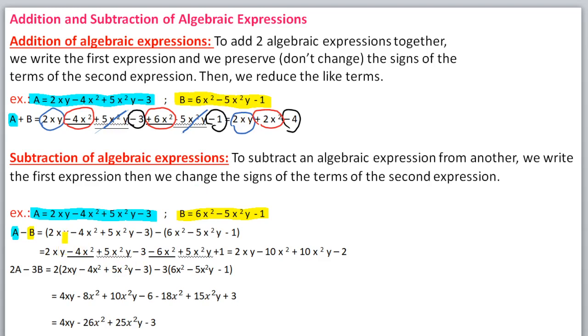But here, when we are subtracting, we should write brackets and a inside it, minus brackets and b inside it. This is b. We copy, just copy. Okay, fine. What will happen after this? After this, we need to remove the brackets.